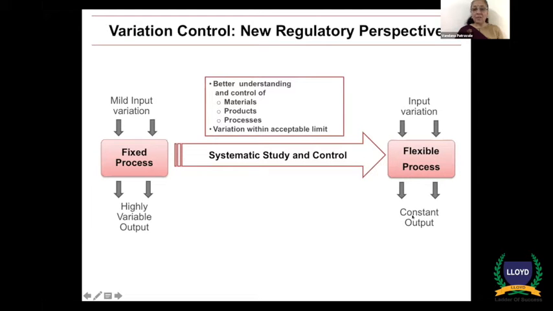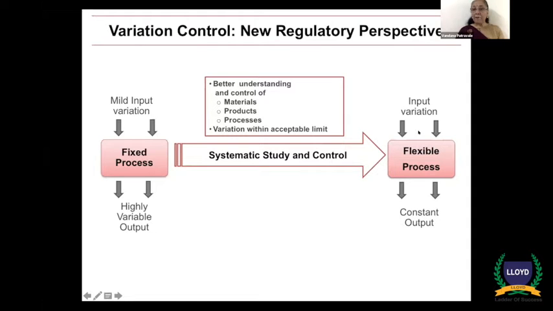so that even if the variations are there in input, you do get constant output. And I'm sure you would be familiar with techniques like PAT, which are nothing but process analytical tools which would be used. We talked about blending, which can result in highly variable output.